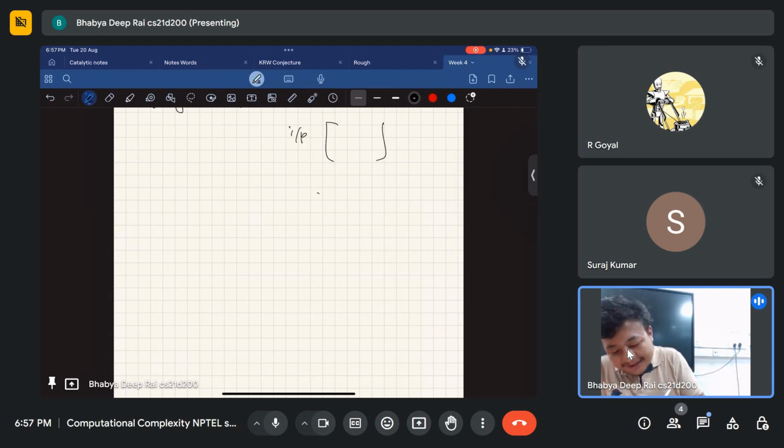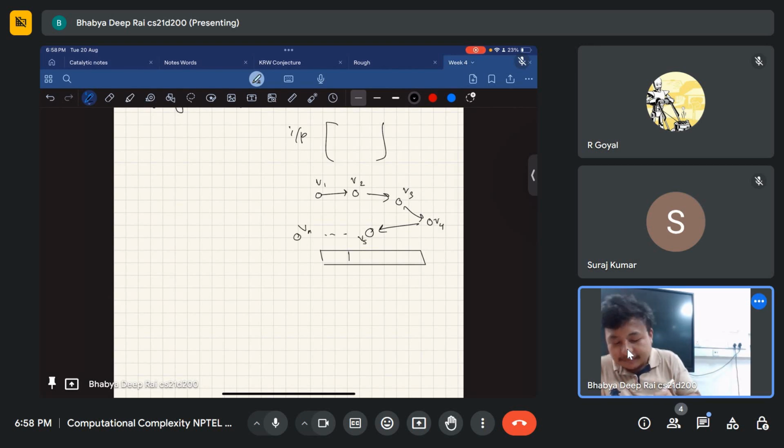But what I'm doing is, I'm guessing a path. How do I remember this path? I need to use my space, right? My path is v1, v2, v3, v4, v5, let's say, and so on till vn. This is the path I guessed. Right, Suraj?